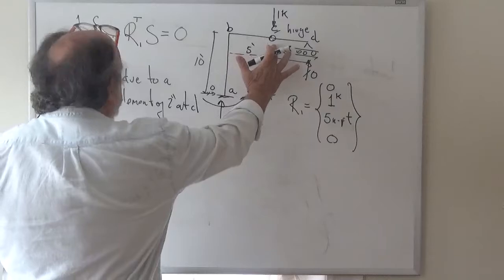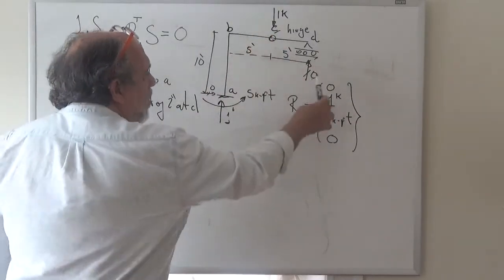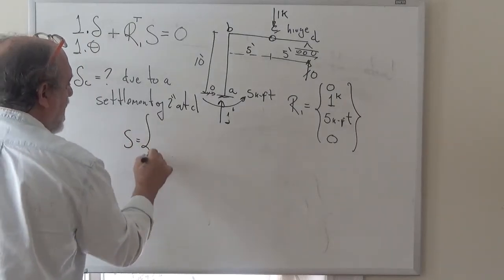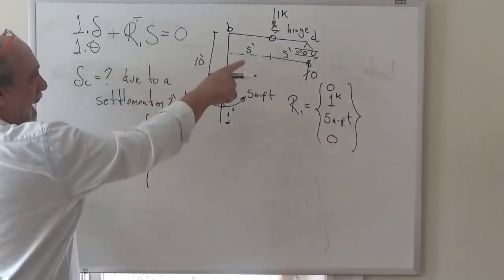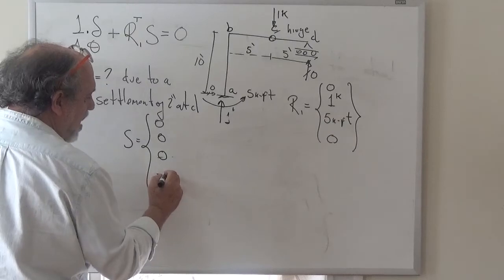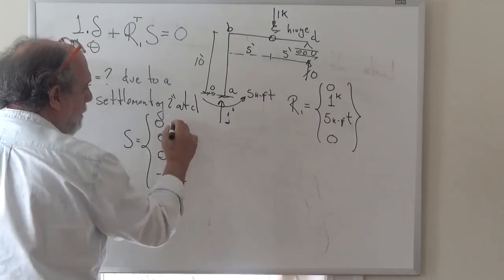So since we were asked for the displacement at C, we have to apply a 1 kip load, and we've already done that, and those are the reactions. Now the settlements in this case: nothing is going on at A, right? And at D, assuming up is plus, we have minus 2 over 12 in feet, right?